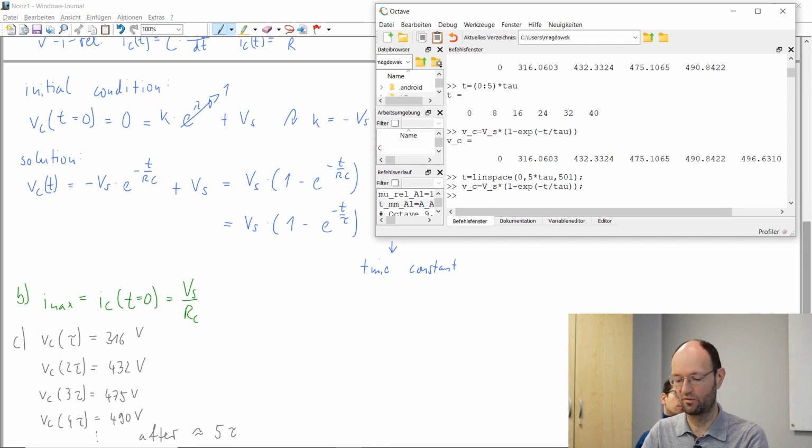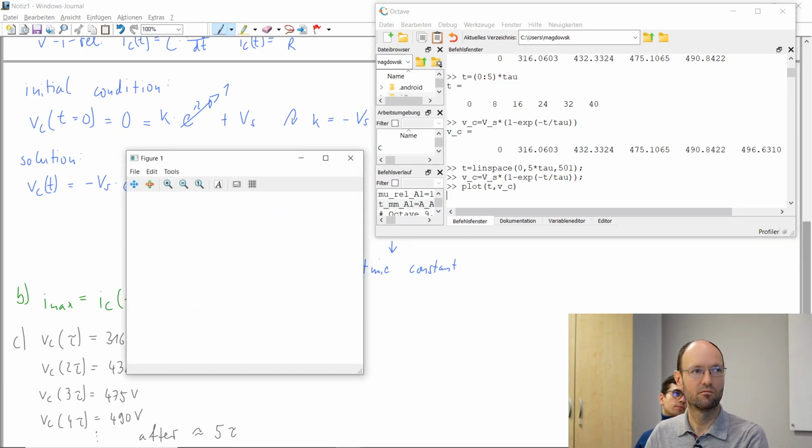I will also escape the result, and we could plot our time function as a function of time, and then we get this nice exponential increase and see how this capacitor gets charged.